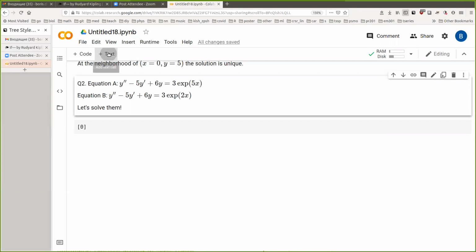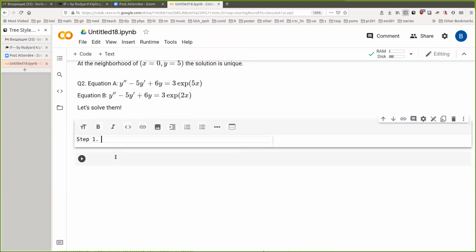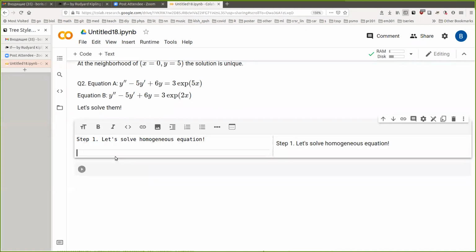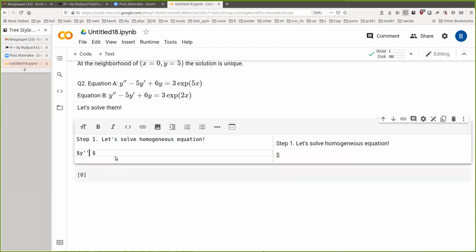Yeah, in step one, we will solve the homogeneous equation. What does it mean, homogeneous equation? Well, y prime prime minus 5y prime plus 6y should be equal to what? Zero, yeah. Thank you very much.